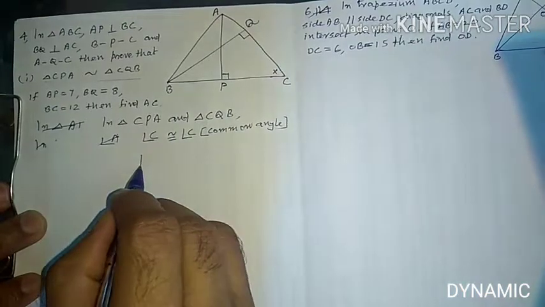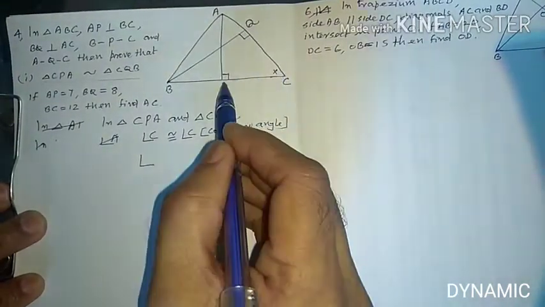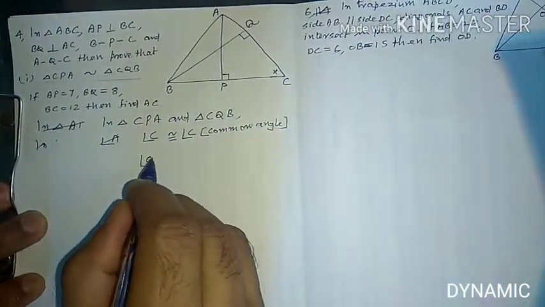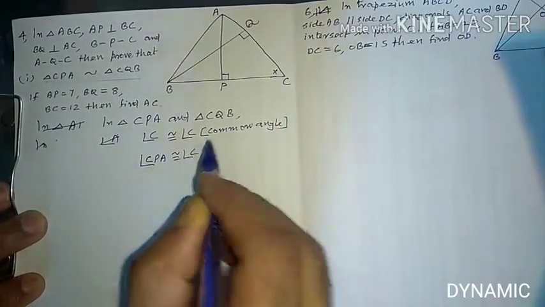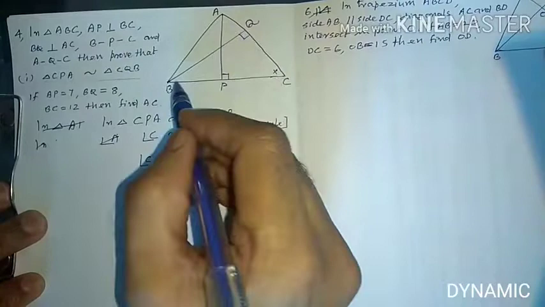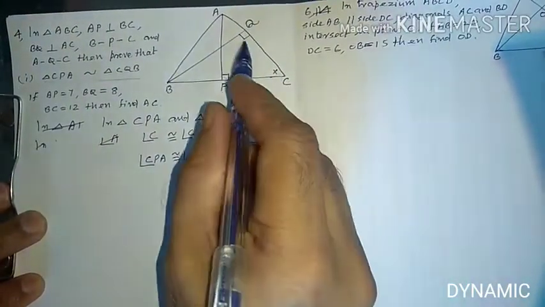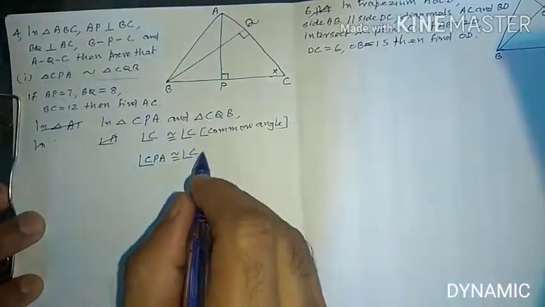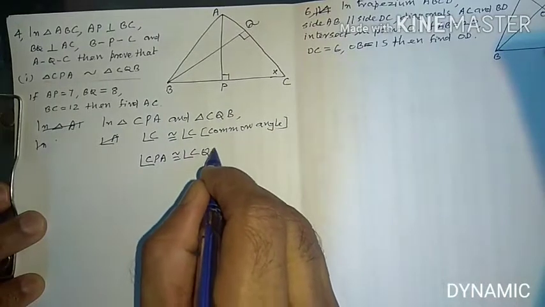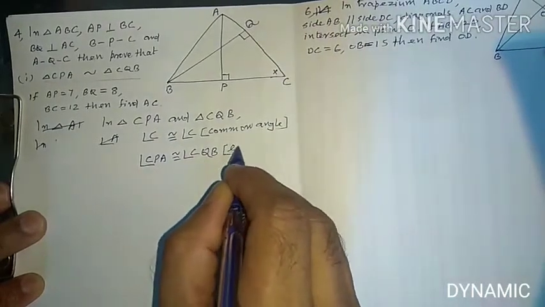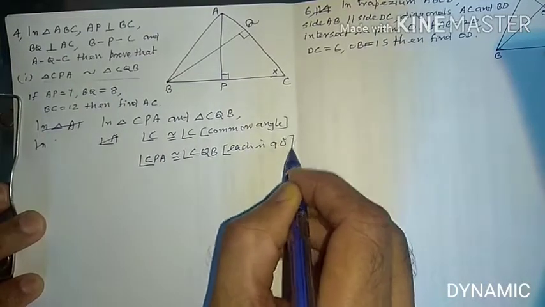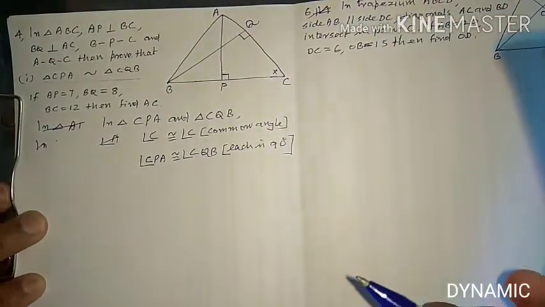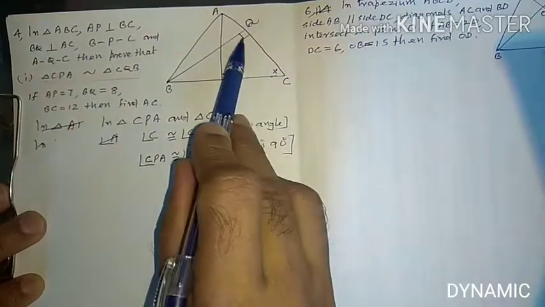Then we go for the 90-degree angle. Angle CPA is congruent to angle CQB. What is the reason here? Each is a right angle. Two angles are congruent.